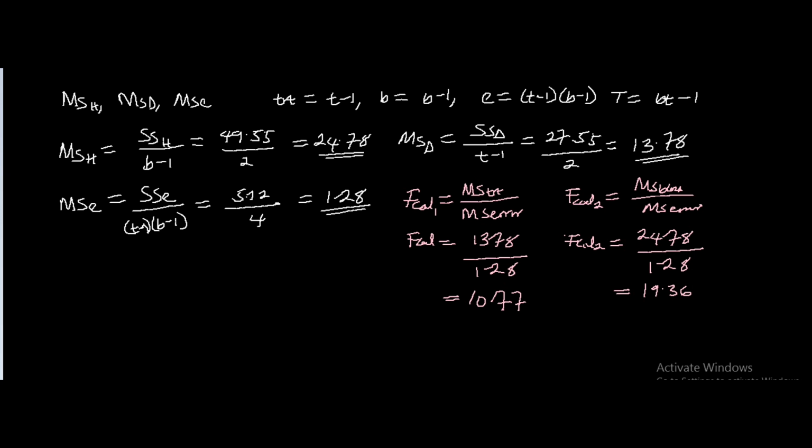Now let's look at our ANOVA table. Let's put all these values in our ANOVA table. On our ANOVA table, the first column here, we are going to have our source of variance.